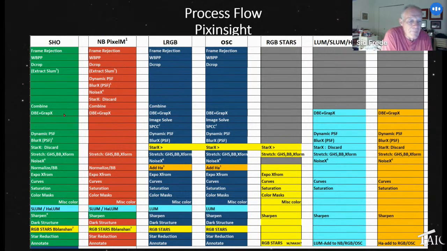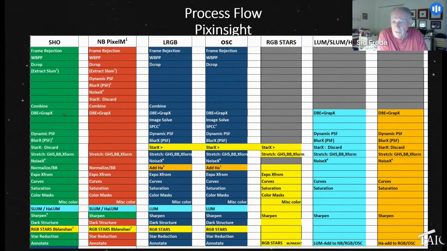GraphX is a new program that's been available recently that does a pretty efficient job of removing gradients. Historically, I'd use something like DBE out of PixInsight to do the gradient removal, but I found lately that I can take almost all of my images and run GraphX, and the gradients are greatly reduced.